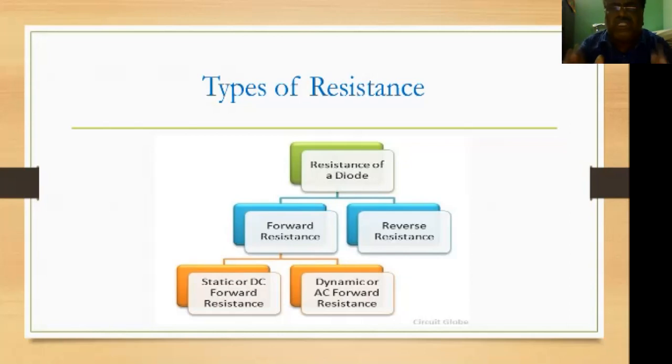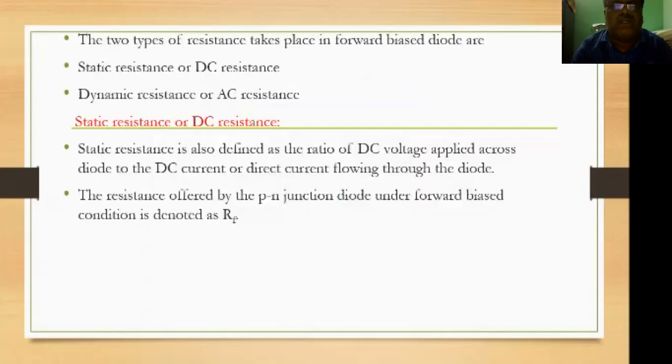These two points are very important. Our topic, diode resistance: diode resistance is classified into two types, forward resistance and reverse resistance. Under the forward resistance, it is classified into two categories: static or DC forward resistance and dynamic or AC forward resistance. Please remember.